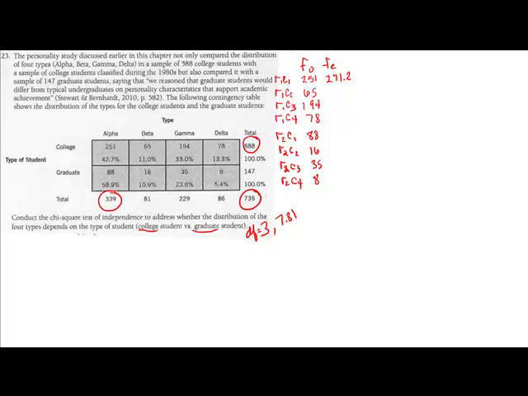So for row 1, column 2, I take row 1's total and I multiply that by column 2's total and then divide by n. 64.8.